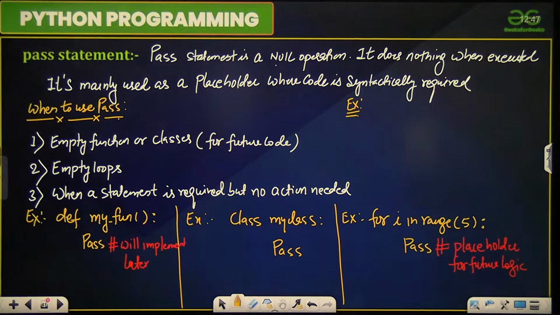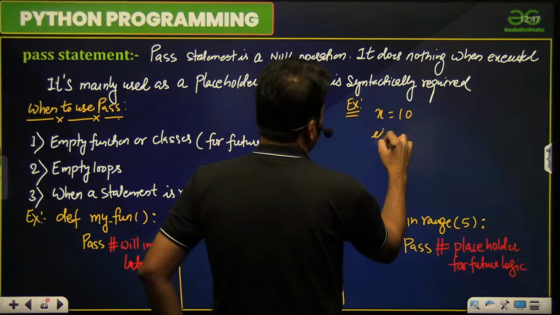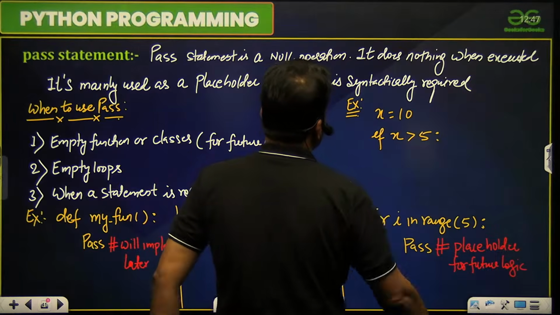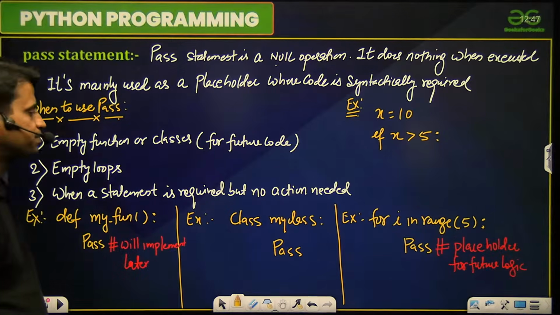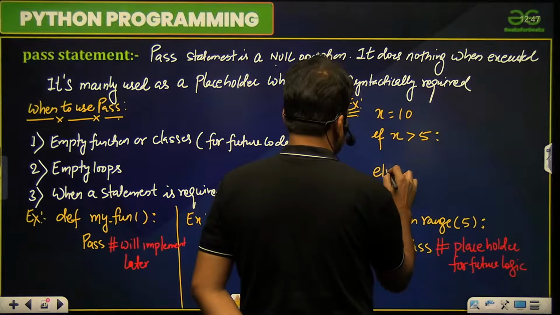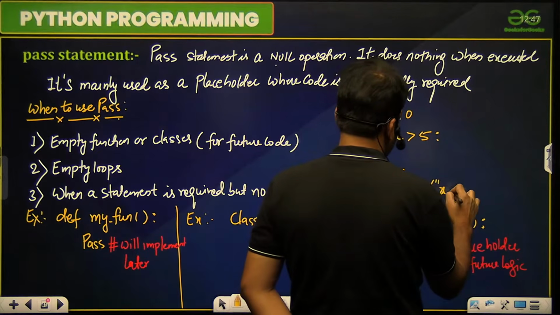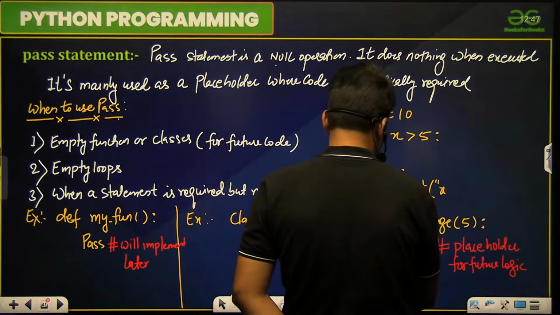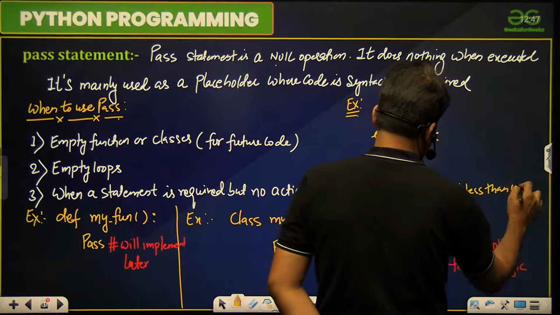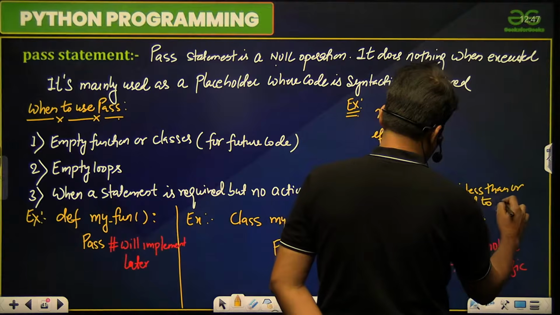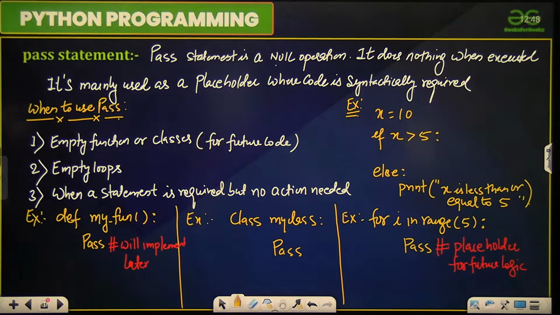Now another example. x equals 10. If x greater than 5, I want to leave this code blank right now, else. Can I write like this, student?